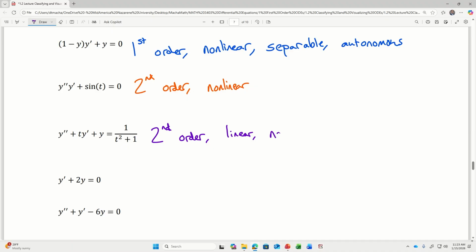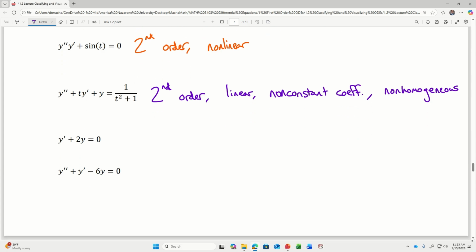Non-constant, because of that t. That t is a non-constant coefficient. Is it homogeneous or non-homogeneous? Non-homogeneous, because 1 over t squared plus 1 is my non-homogeneous term there. If it was homogeneous, the right-hand side would be a 0.